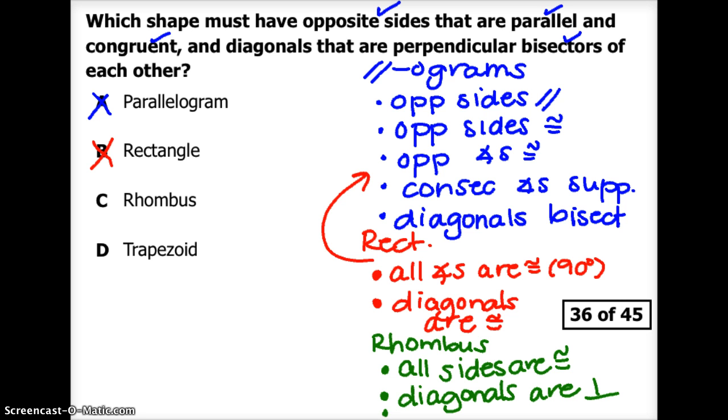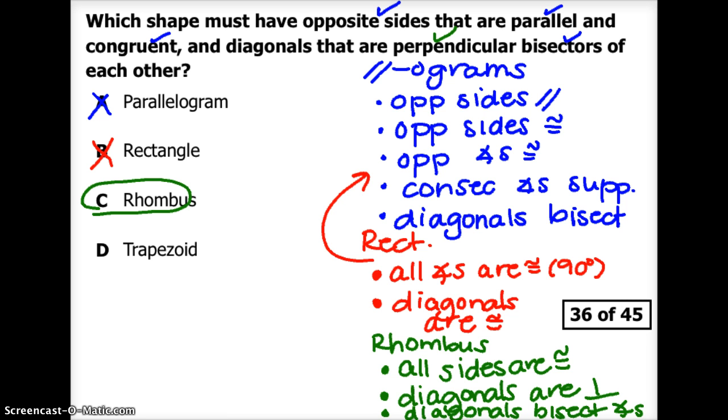And I get that the diagonals bisect the angles. Well, diagonals are perpendicular is the one condition that I still needed to be met, so I'm going to pick choice C, rhombus.